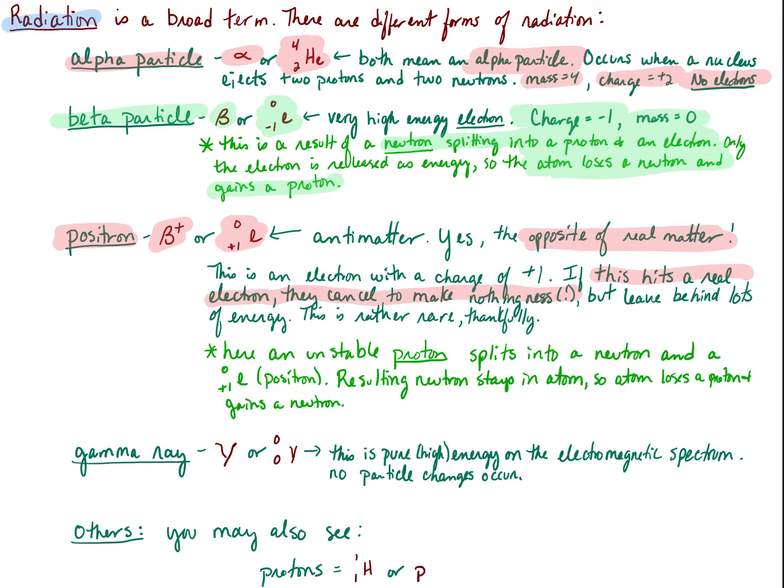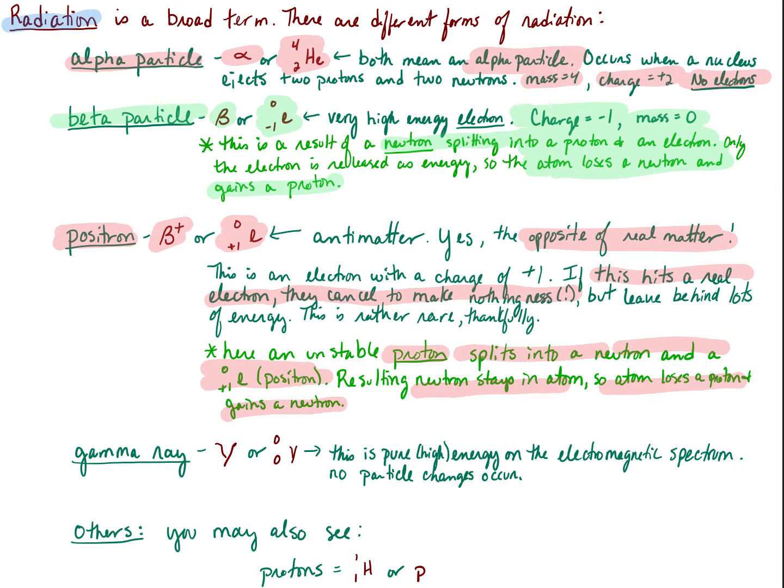But you're negating mass, so we don't want to destroy the universe. This is relatively rare, which is a really good thing. So here, an unstable proton splits into a neutron and a positron, okay? So the neutron stays in the atom, and the atom loses a proton and gains a neutron.